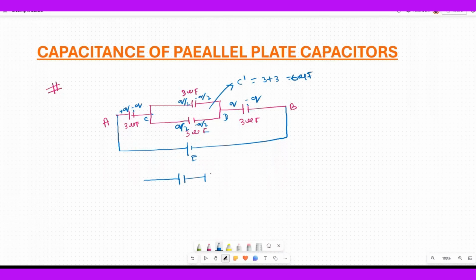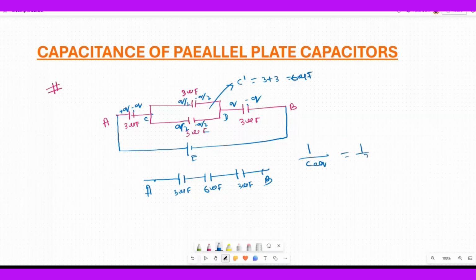There is one 3 mu f, 6 mu f, and another 3 mu f between A and B. So 1 by C equivalent will be 1 by 3, 1 by 6, 1 by 3. 6 is the LCM, so there will be 2 plus 1 plus 2. C equivalent is the reciprocal of the RHS, 6 by 5, 1.2 microfarad.